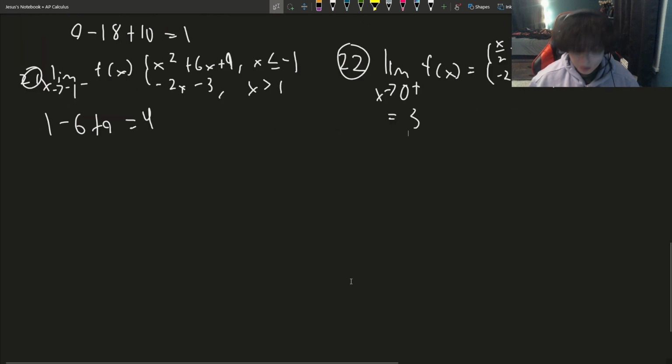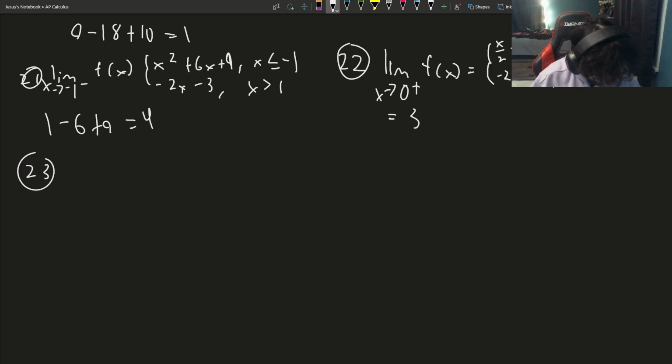Number 23, limit as x approaches negative 2 from the left of f of x, which is equal to, and then you just draw the bracket.